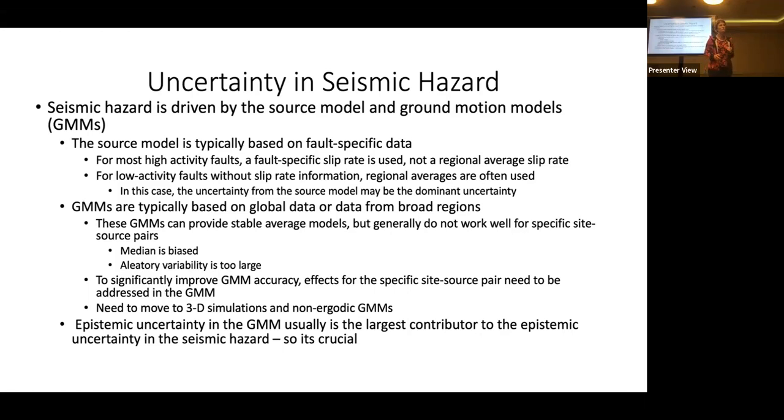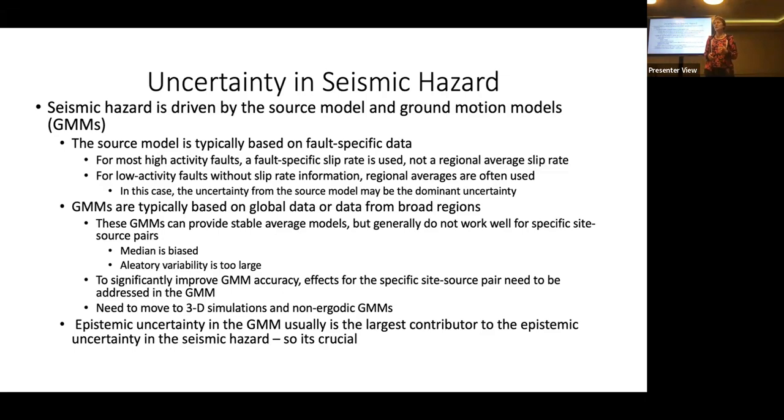And they give us very good stable average estimates of median ground motions as a function of a few gross parameters. But we don't have specific source, path, site information embedded in that ground motion model to the same extent that even a gross model of the source gives us. So we end up with median ground motion models that could be potentially biased.